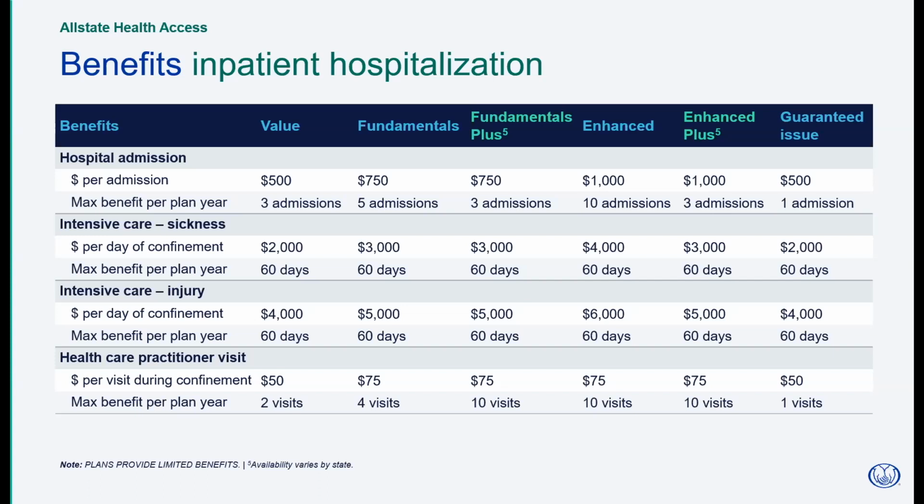If they are in the hospital for injury, they're going to get $6,000 with a maximum benefit per plan year. And when those doctors come around and do their rounds with the enhanced plan, they're looking at $75 as a benefit, and that is going to occur at a max of 10 visits per plan year.